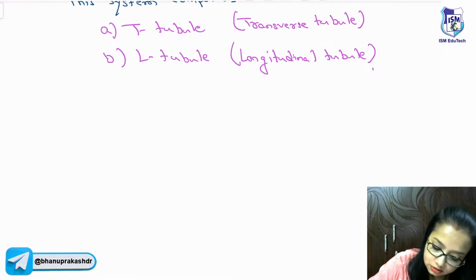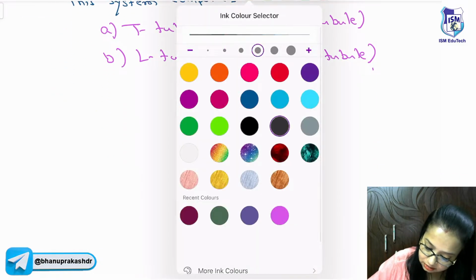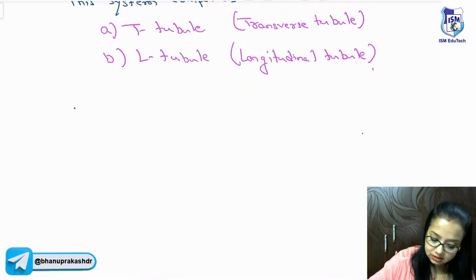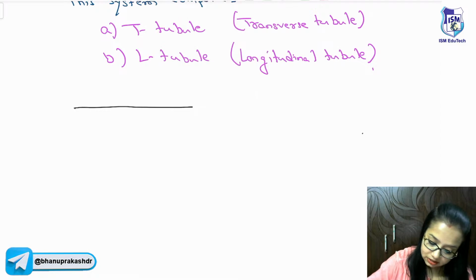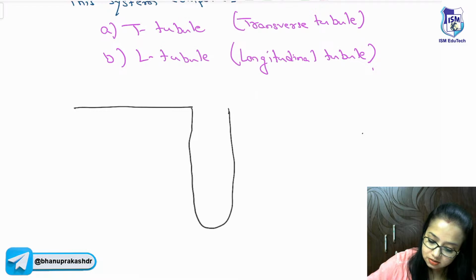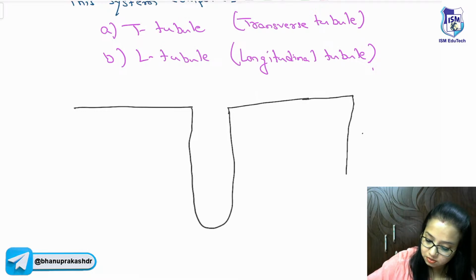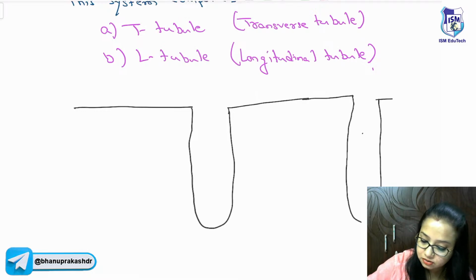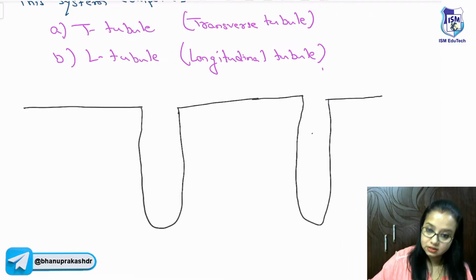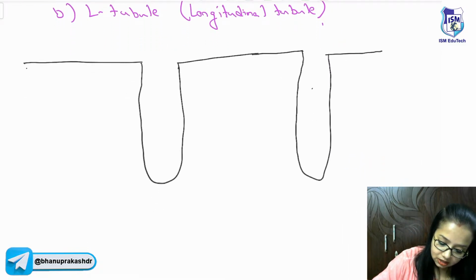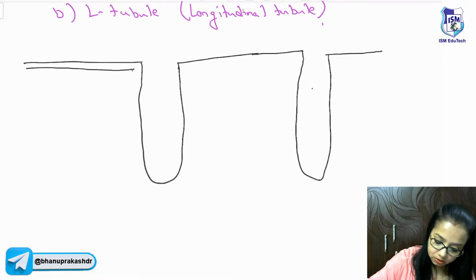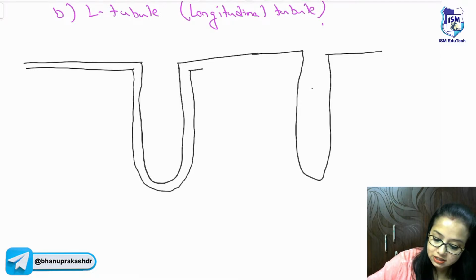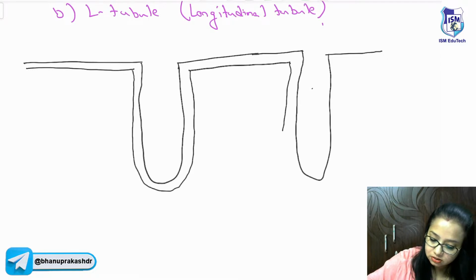If we are to draw this in a simplified way, it stands out to be like this. This is the sarcolemma. These T tubules are nothing but the transverse invagination from the sarcolemma. Sarcolemma is the plasma membrane of the skeletal muscle, as we know. So, the T tubules are the finger-like projections that have invaginated from the sarcolemma.